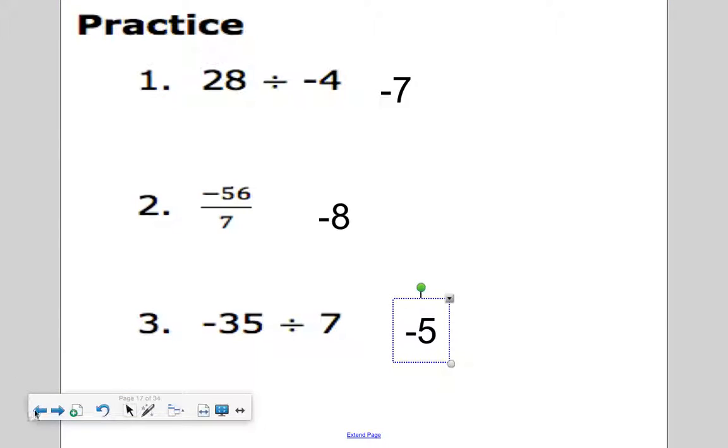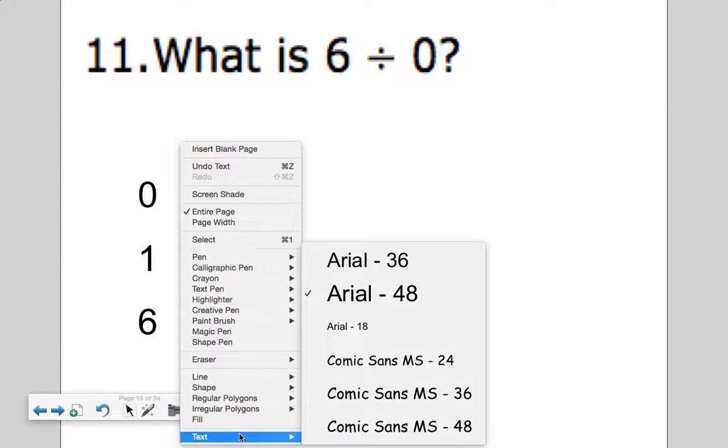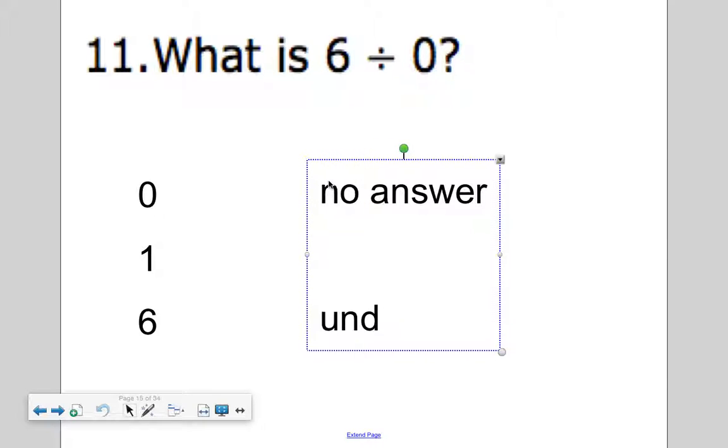So there is no answer. In high school, we call that undefined. So if I have 6 positives and divide them into 0 groups, I can't put anything into nothing. So there's no answer, undefined. So it's not 0, 1, or 6. It's just no answer.